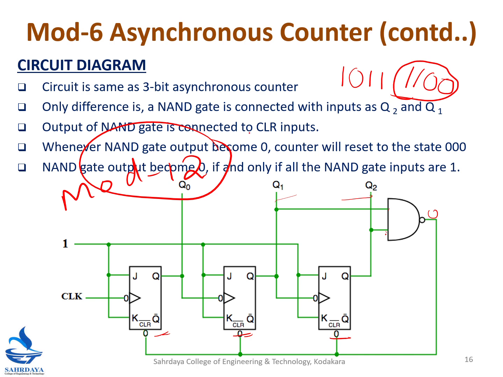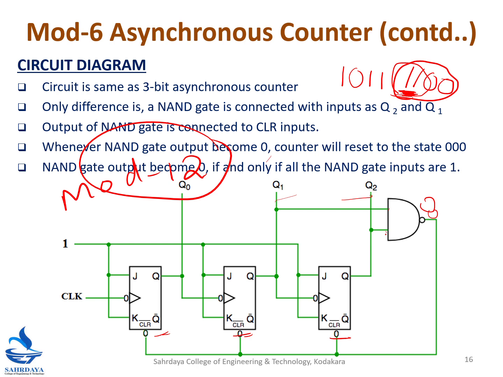So in that case, we need to connect which outputs to the inputs of the NAND gate? Q3 and Q2 need to be connected to the inputs of the NAND gate. Whenever Q3 and Q2 become 1, it indicates the state 1100. At that instant, the NAND gate output becomes 0 and it will clear all the outputs of the flip-flops.